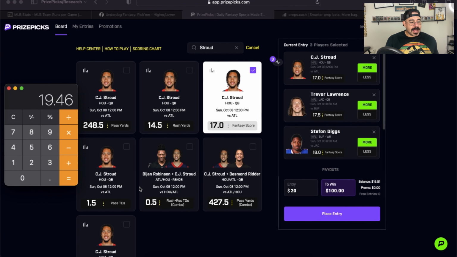Now, I want to do something a little different here, because CJ Stroud does not have a turnover prop available to us on PrizePicks. CJ Stroud has yet to throw an interception this season. As a rookie quarterback, that's pretty damn good. Let's say this game versus Atlanta is a bit different. Let's say CJ Stroud goes out there and throws an interception, and let's just say he turns the ball over 2 times.